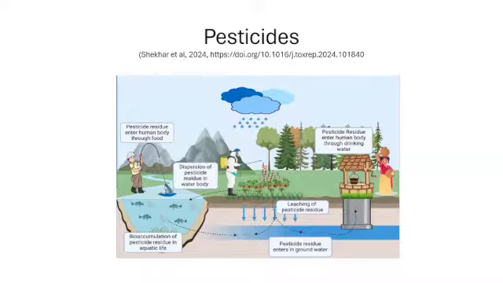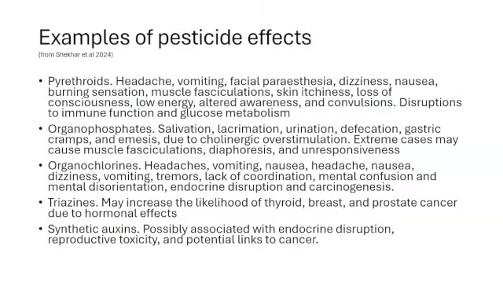And again from Shekhar et al., here's a few of the usual suspects. Pyrethroids, it's pyrethrum. This comes from chrysanthemums and was discovered a long time ago and is often used as an insecticide. Now, I should point out that these symptoms here are symptoms of acute poisoning with these compounds.